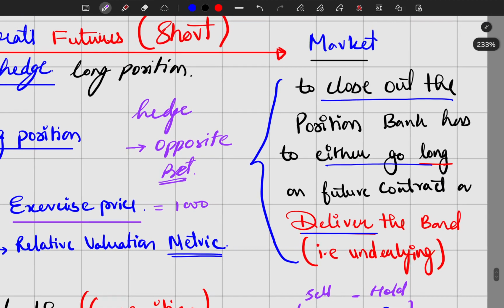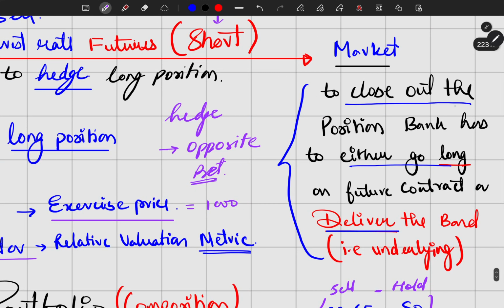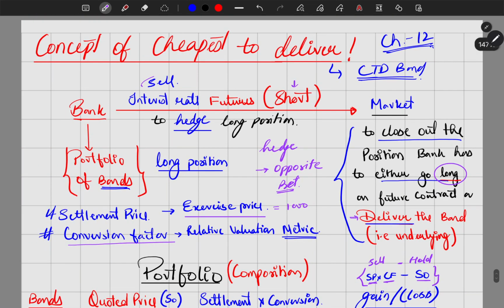What happens in the settlement? The bank would have to close out the position by either going long on the contract of future, or delivering the bonds themselves. So either the bank has to go long, that is to go in the market and buy the future contracts again, which they have already shorted, or they have to deliver the bond.